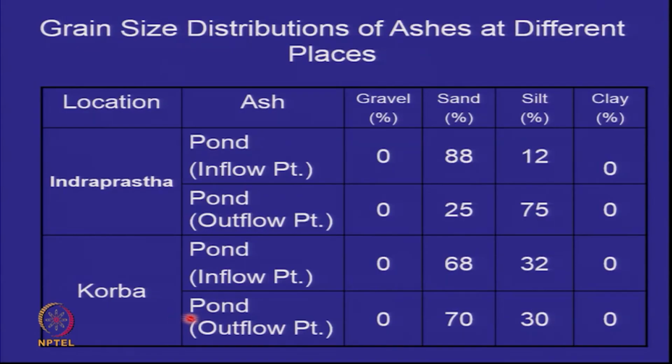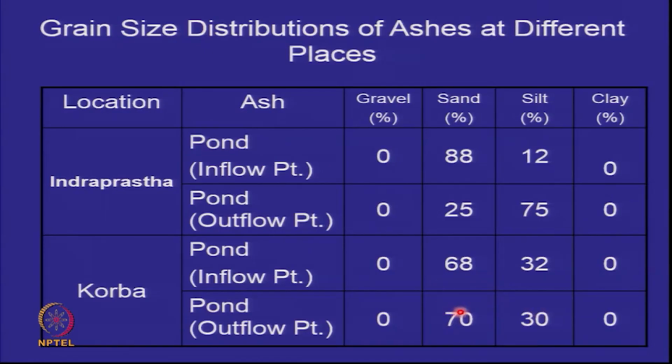So if I look at some of the data which is now available to us at different thermal power stations, inflow point sand 88%, 12% silt, outflow point 75% silt, inflow point 68% sand, and this is a surprising outflow point 70% sand.